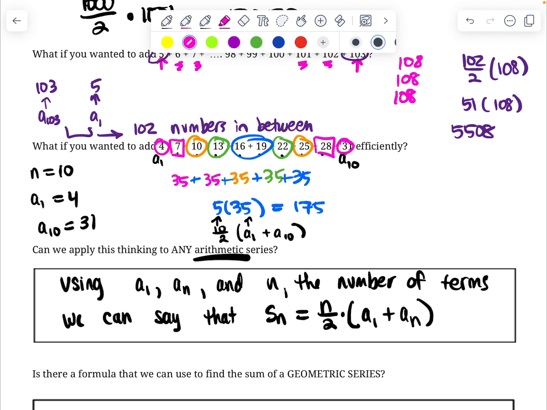And this formula will be helpful to us anytime we want to add together an arithmetic series.